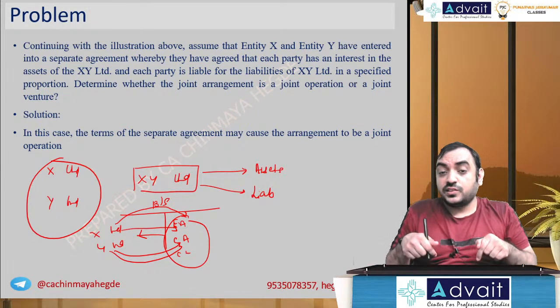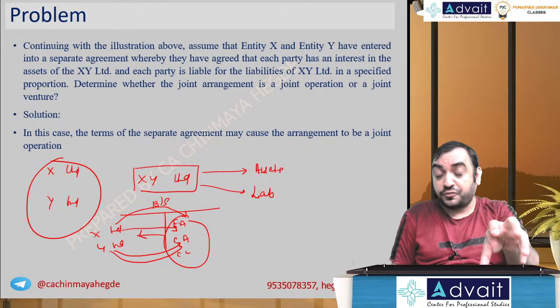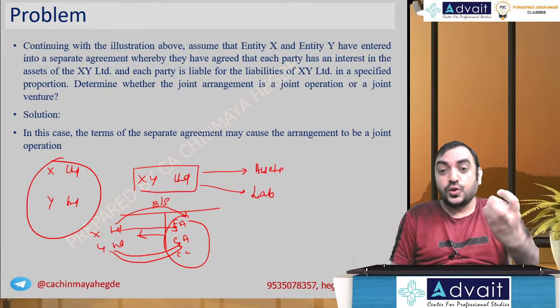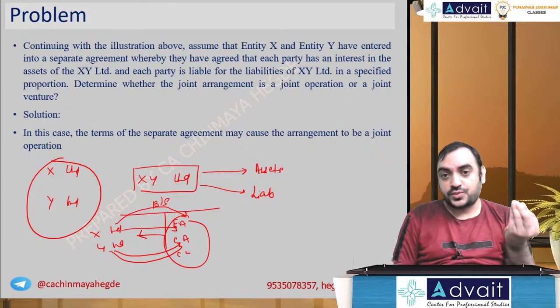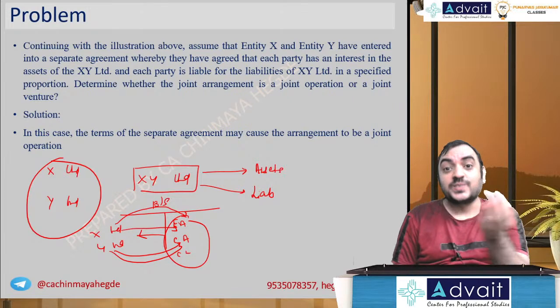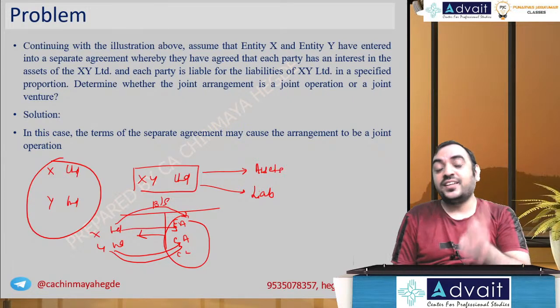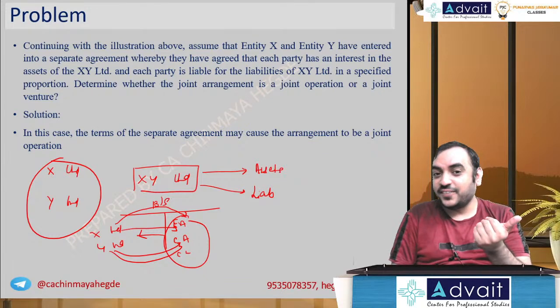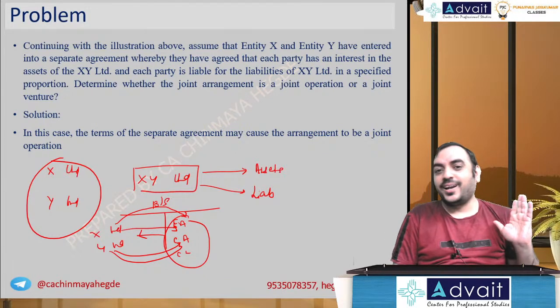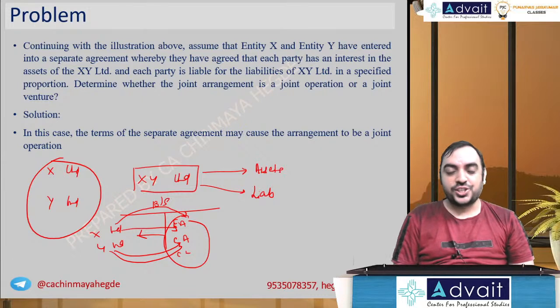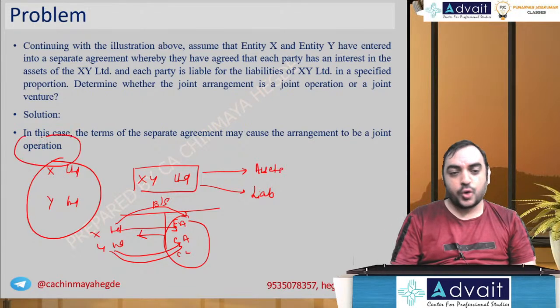But in substance, even though the entity is owning in form, you are having individual ownerships. You are controlling individual assets and liabilities. So we take away, lifting the corporate veil. In a way, you can say that the separate vehicle does not matter, it becomes a joint operation. That's what is happening here. Hope you're able to understand.